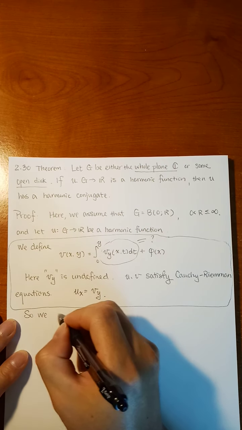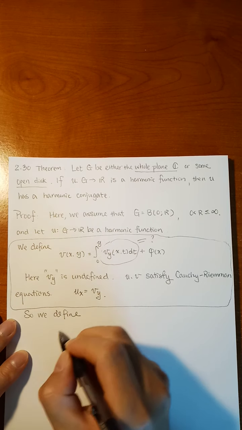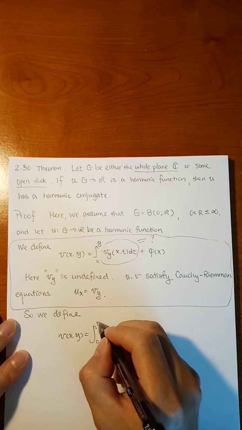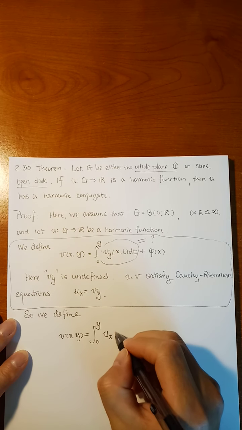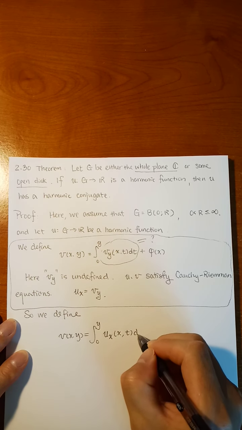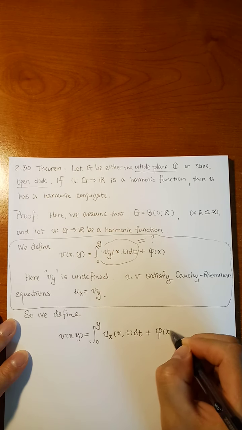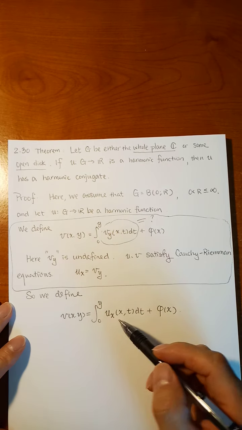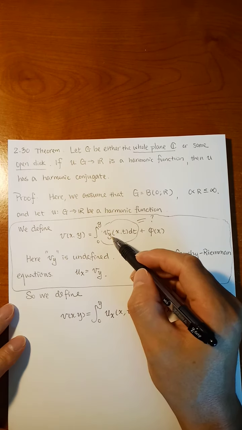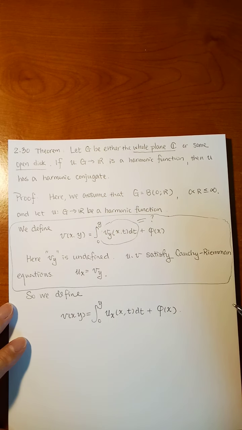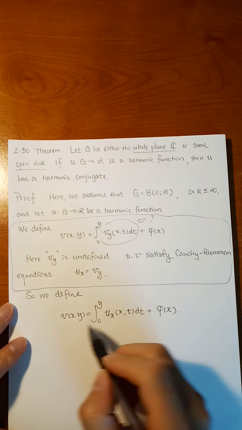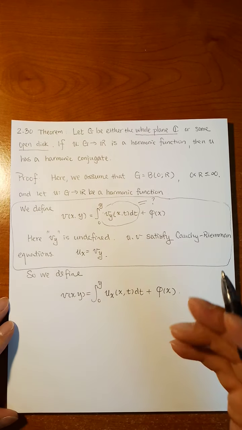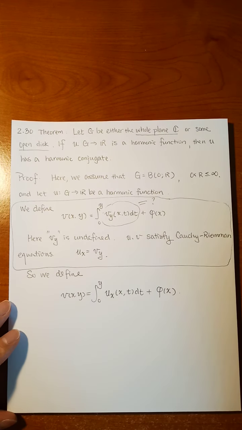We define v(x,y) equal to the integral from 0 to y of u_x(x,t) dt plus phi of x. u is given, so u_x is known, and u_x is v_y. That's the reason you directly have such a definition, and it makes sense this way.